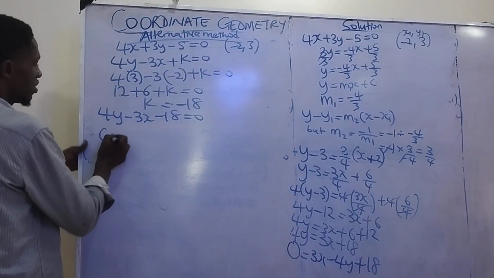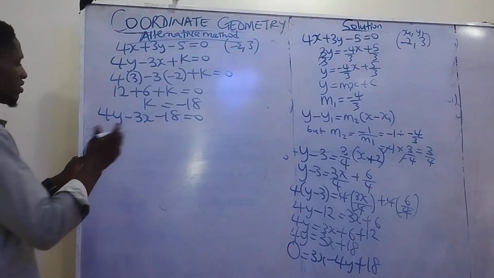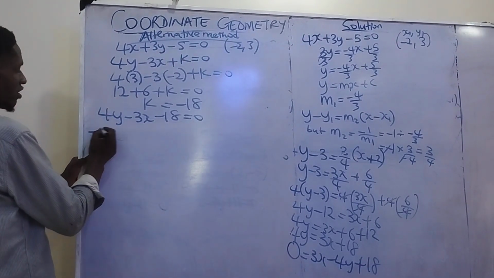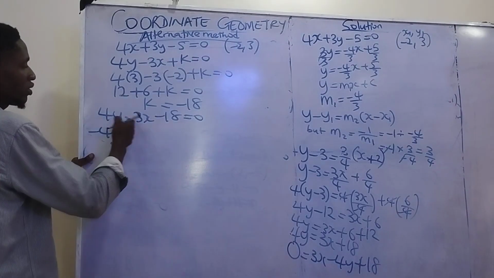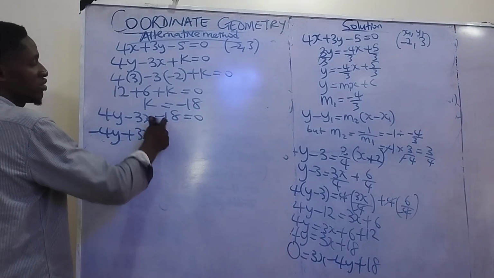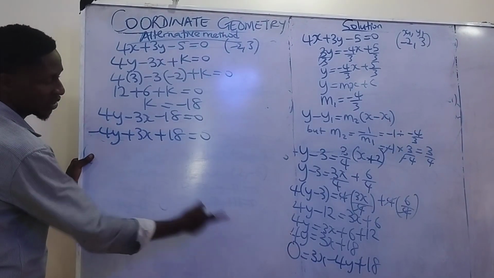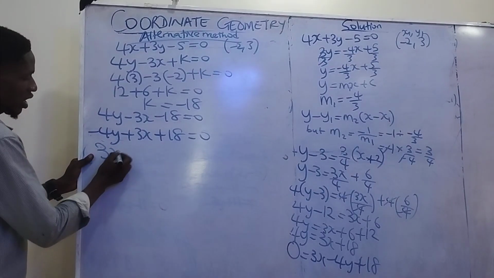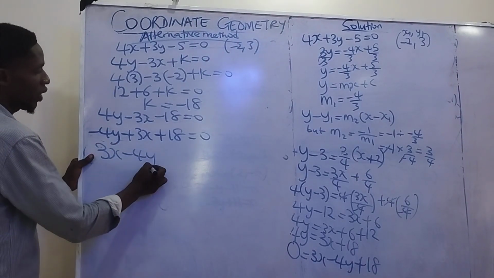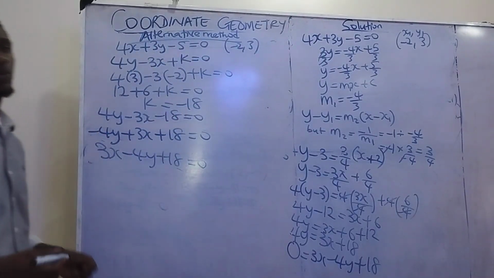So we have 0 equals, or you multiply each of them by negative. Minus times 4y is minus 4y. Minus times minus 3x is plus 3x. Minus times minus 18 is plus 18 equals 0. So let's make our 3x come first: 3x minus 4y plus 18 equals 0. The same thing as this.